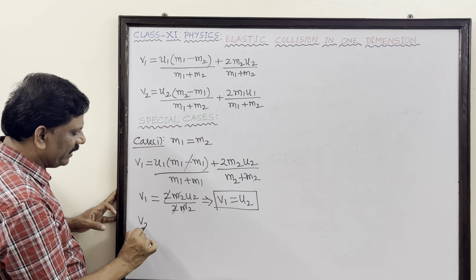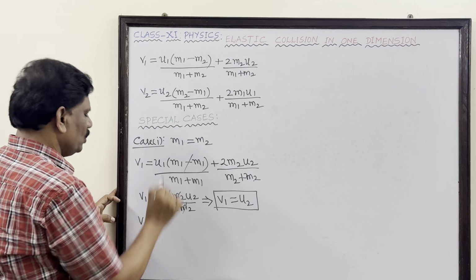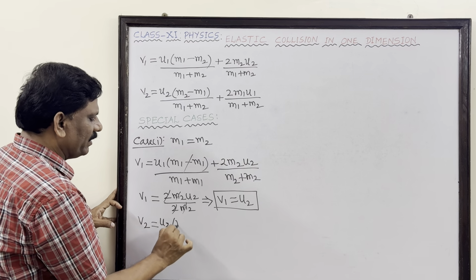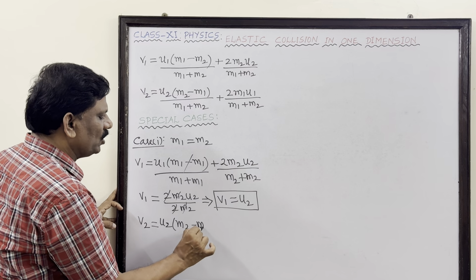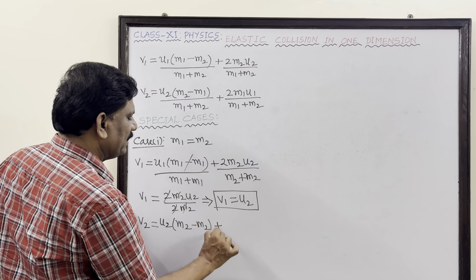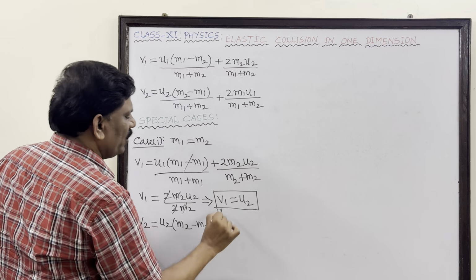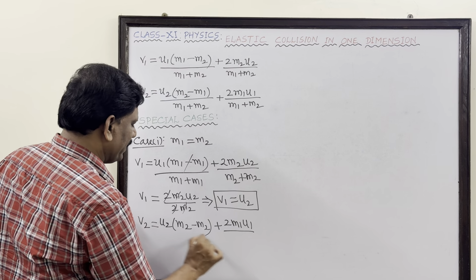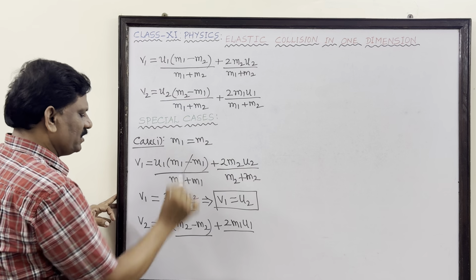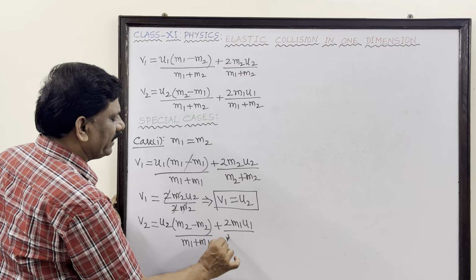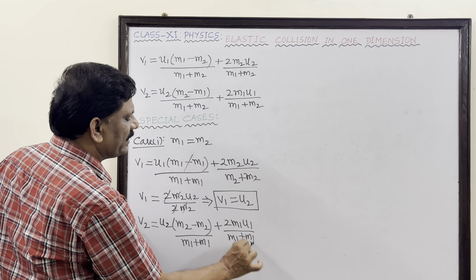Now, what is the expression for v2? v2 is u2 into (m2 minus m1), which can be written as m2 minus m2 itself because m1 is equal to m2, plus 2m1u1, divided by m1 plus m1.